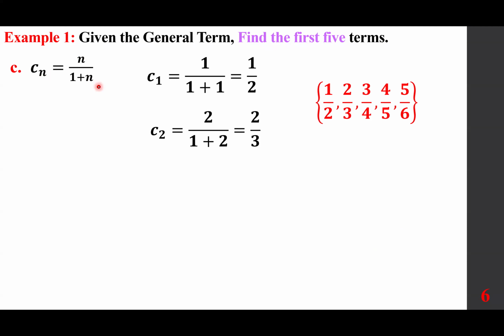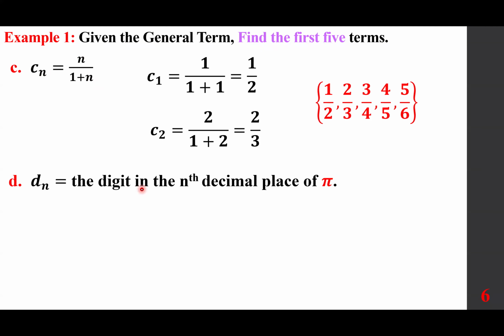D sub n is the digit in the nth decimal place of pi. Please understand, pi is not equal to 3.14. It is approximated by that. It is equal to 3.14159, and it continues indefinitely. So the first digit of the decimal would be 1. The second digit of the decimal is 4.